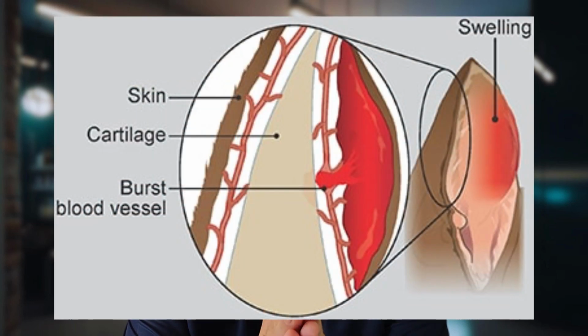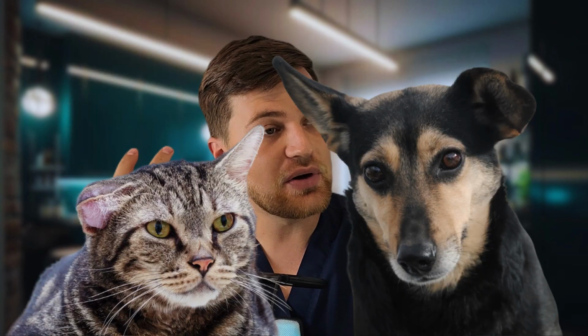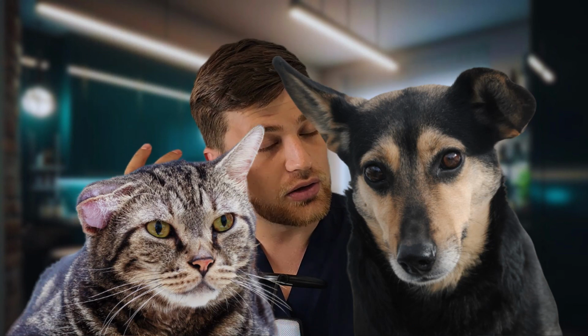This blood has nowhere to go, so it pools between these two layers and distends the ear, and now you have this very enlarged, inflamed, and fluid-filled ear. Again, pretty quick onset. A day or two, owners come in and say, my dog's ear is swollen, there's fluid in my dog's ear. The nice thing about this is that they can be very easy to treat.